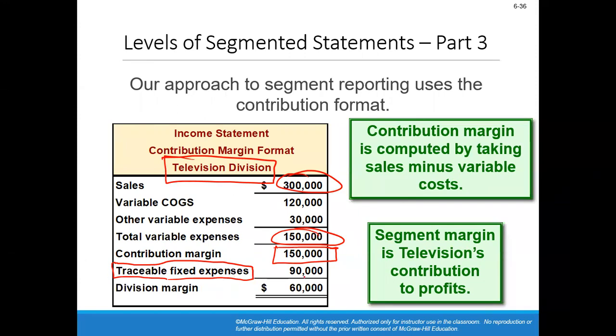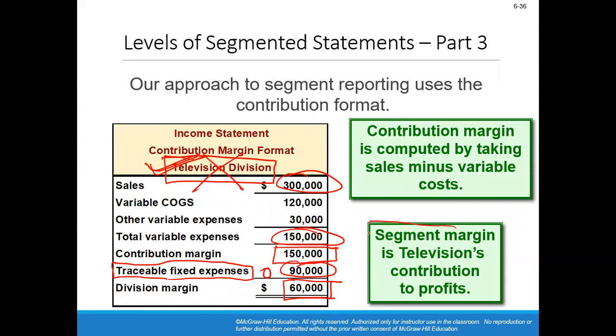So what does it mean? This 90,000 of expenses will be required if our television segment exists. This 90,000 will become zero if my television segment does not exist. That's why we have just subtracted the traceable fixed cost. Now you see the 60,000. This 60,000 is not a company-wide margin or Weaver Incorporation's total margin.